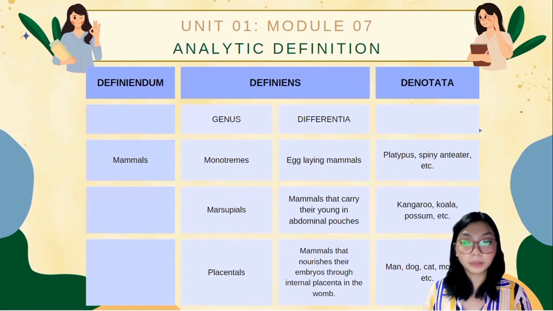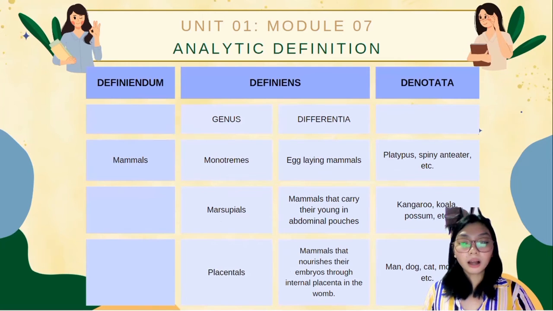So in this table, we can see the concept of mammals. The very distinction between every mammal is their mammary glands. In this case, these species can be subdivided into three main genuses, which are monotremes, marsupials, and placentals.